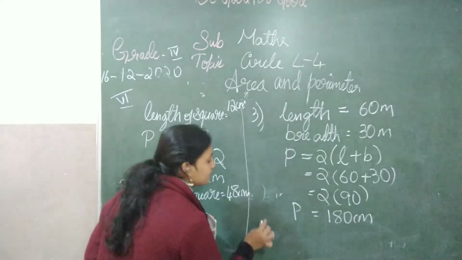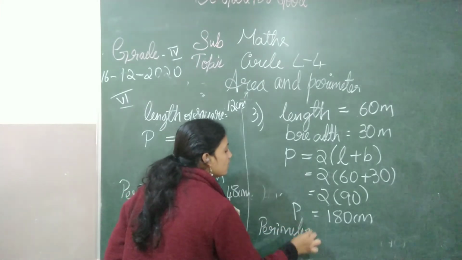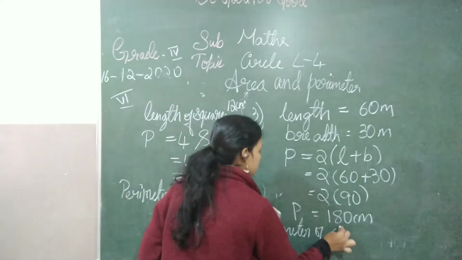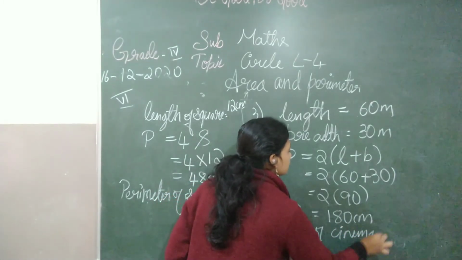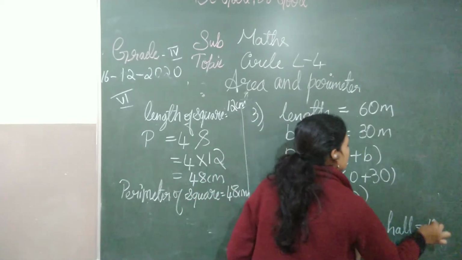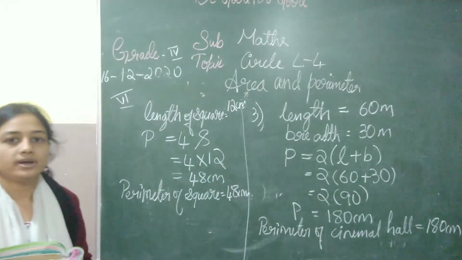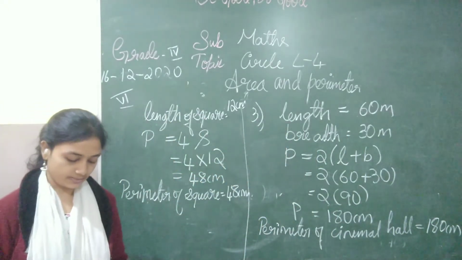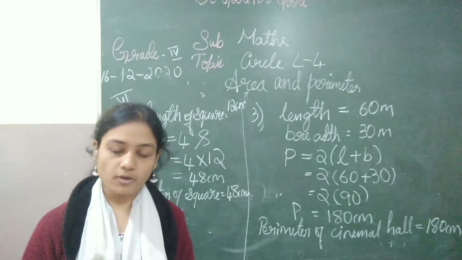So final statement: perimeter of cinema hall is equal to 180 centimeter. By this we have finished exercise 4.2.